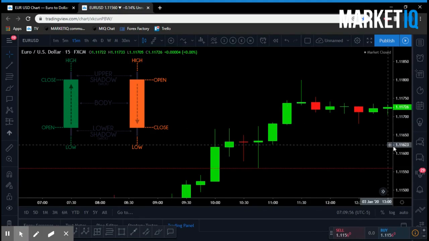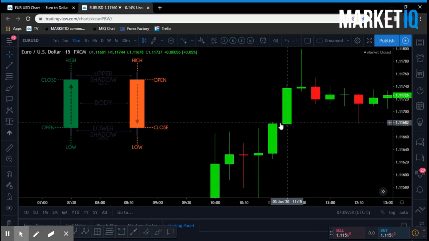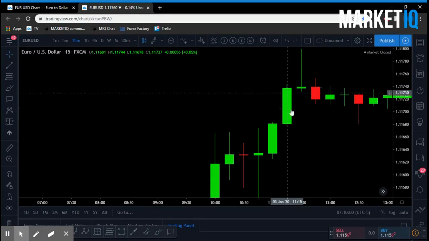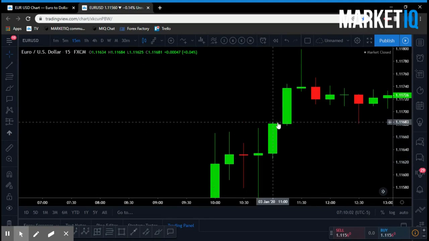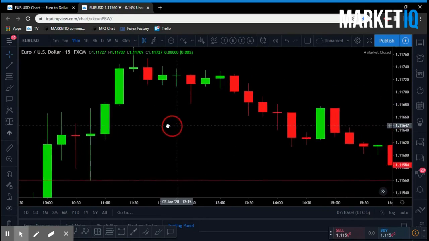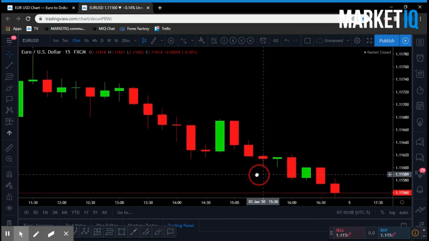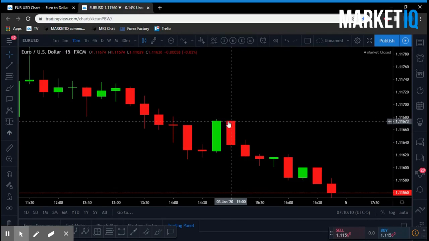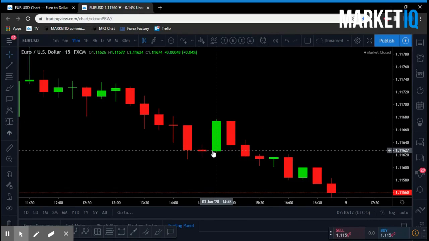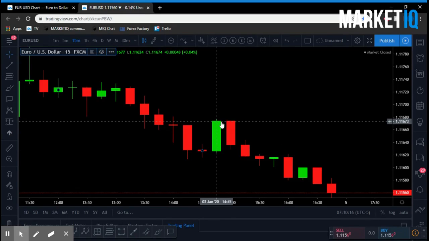In this one, price opened here and closed here. Price opened here and closed here. For bearish candles, it's just the exact same, except that price opens here. On the green one, you see how it opened right here and it closed right here.